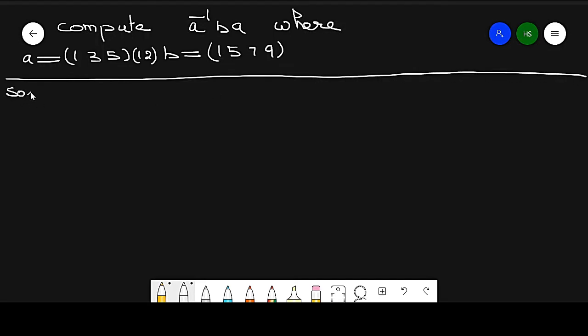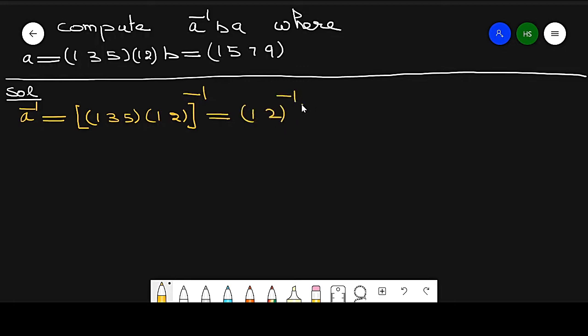Solution: first A inverse. This is (1 3 5)(1 2) raised to power inverse. Here we apply the reversal law. So this is (1 2) inverse and (1 3 5) inverse. Now the inverse of this is (2 1) and the inverse of this is (5 3 1), right?